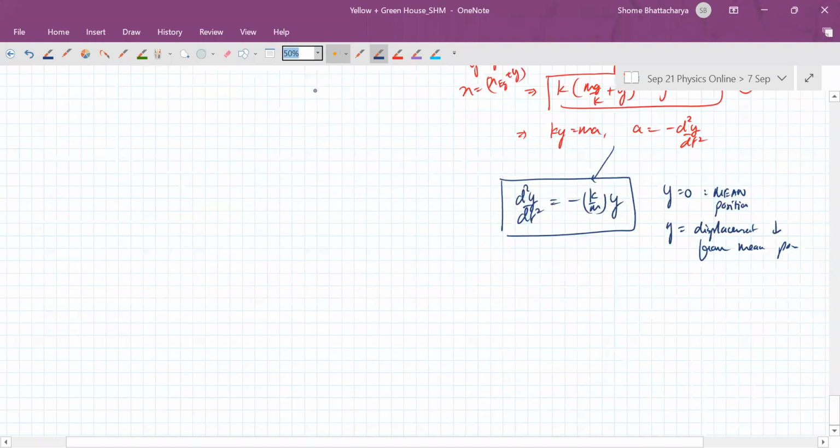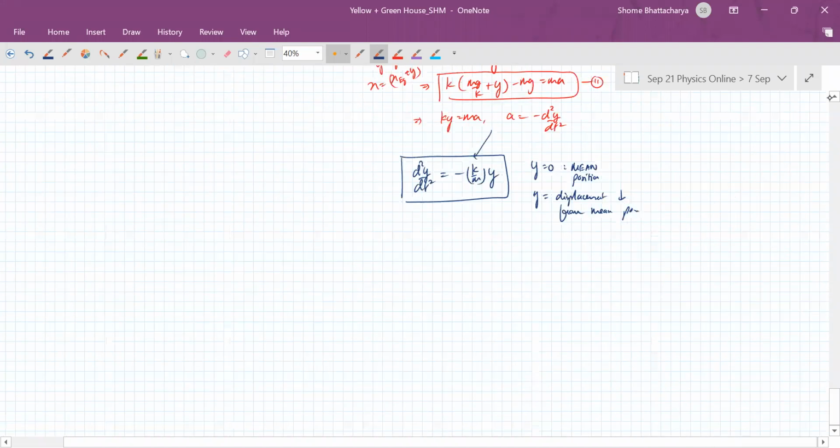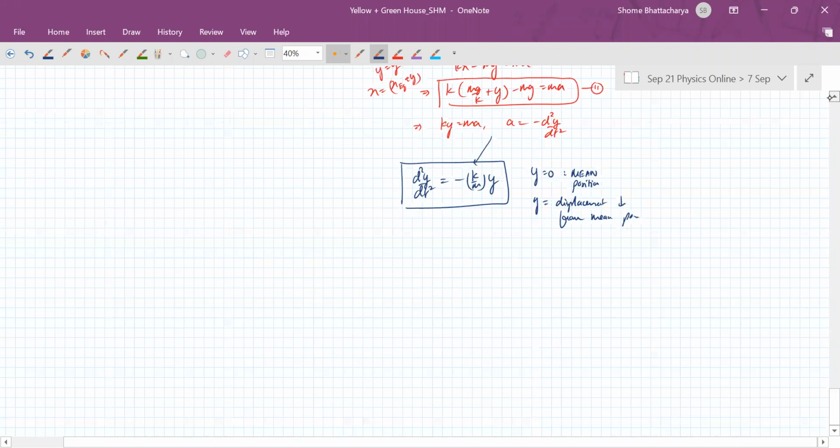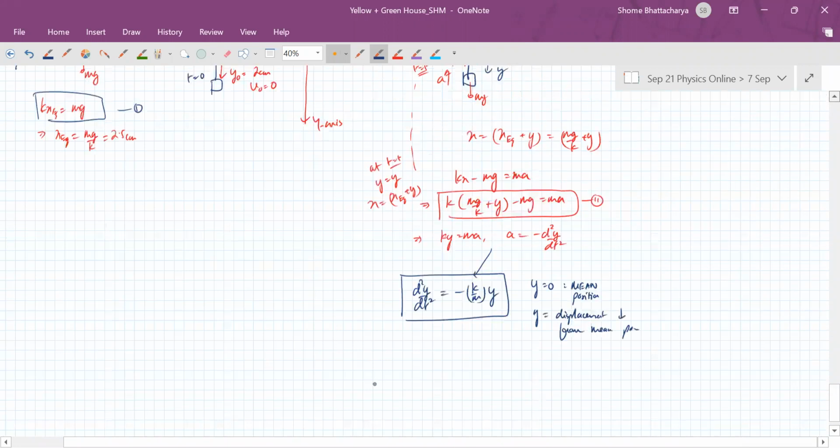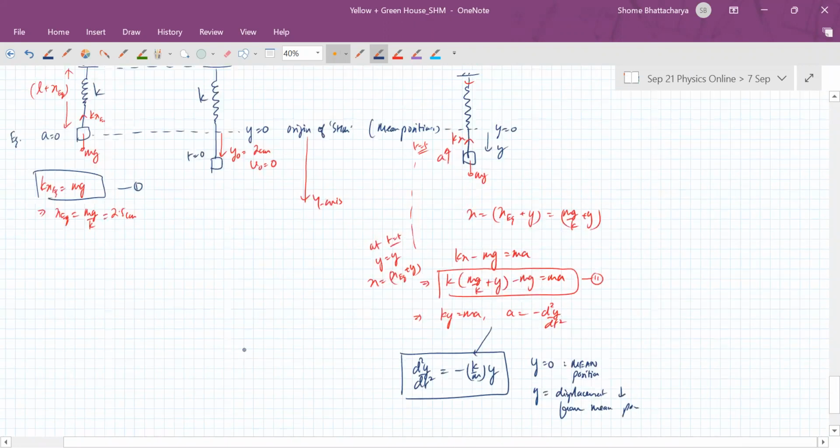So this is the first part, that we have shown that it's an SHM, with omega square equal to k by m, which in this case worked out to be 400.